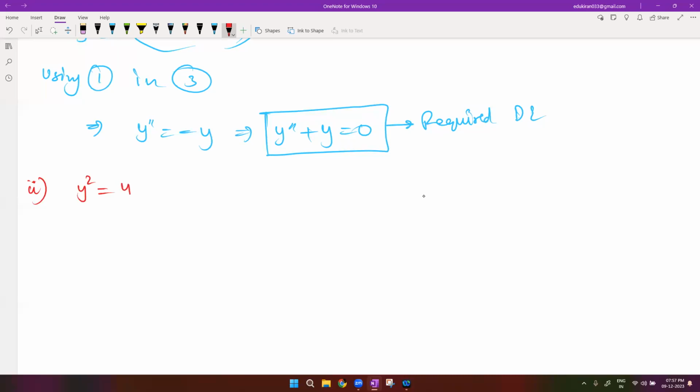Okay, find out the differential equation for this. There is only one constant.